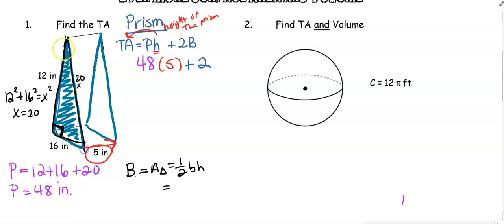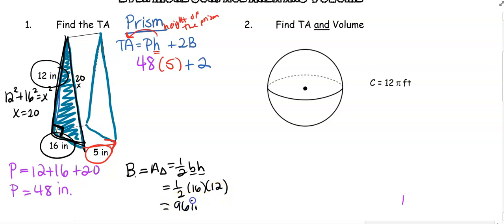I can't use any numbers that are not part of this triangle. The base and the height are perpendicular. The two sides that run perpendicular are 12 and 16. So a base of 16, a height of 12, 1/2 of 16 times 12. 1/2 of 16 is 8 times 12 gives us 96 inches squared.